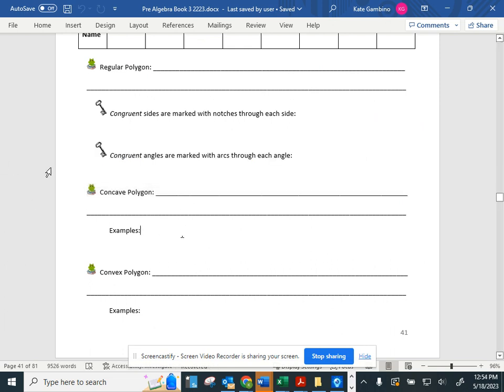So a regular polygon, if it is regular, it means that it is a polygon with, anybody have a guess? James? Nope. We've already named the different sided shapes, so it doesn't have to do with how many sides.